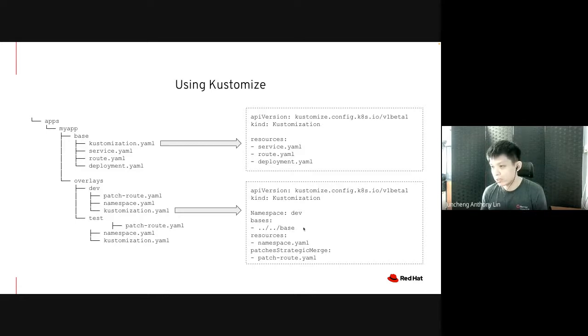So it actually specifies where the base is, two directories up, and then what resources we will be making changes to, and the strategy is doing a strategic merge between the files for the patch route. So this is a very simple example on how you can actually do it.